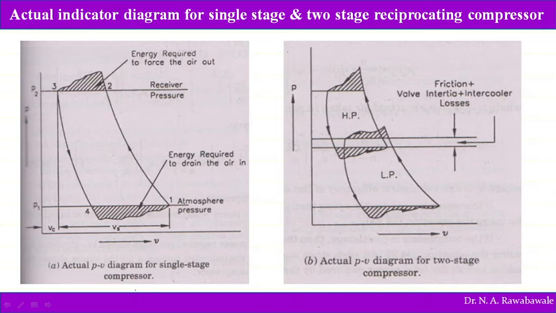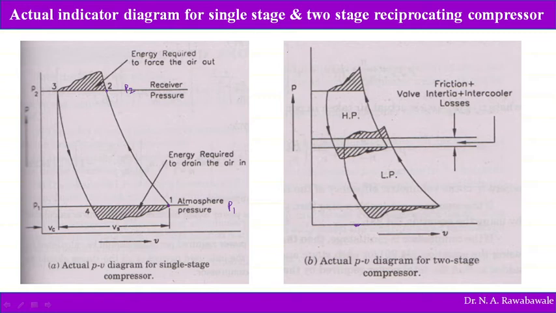Generally we say that at point 1 the compression process starts, and it continues up to point 2. Pressure P2 is the delivery pressure or reservoir pressure, and P1 is the atmospheric pressure. Air is compressed from pressure P1 to the required pressure P2.